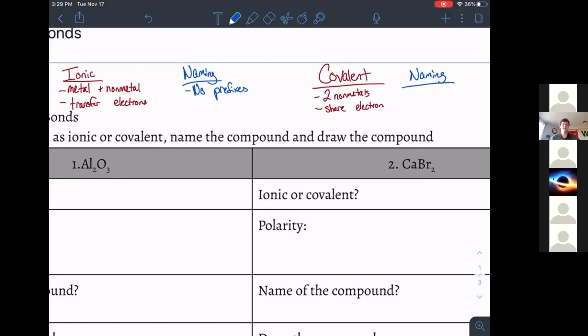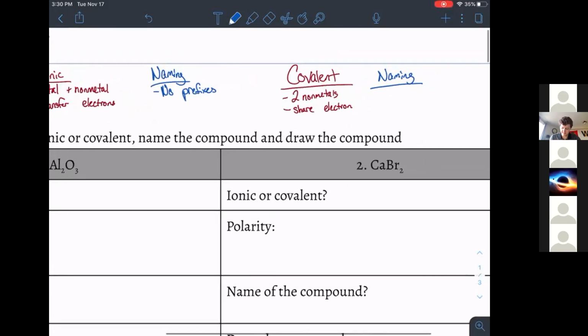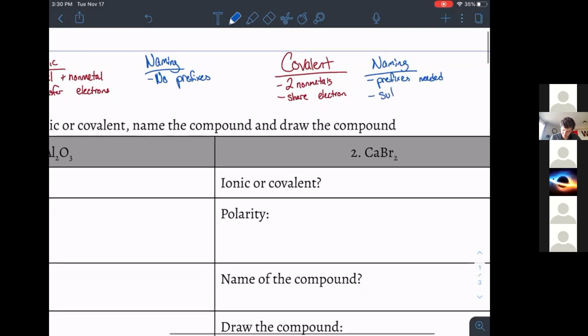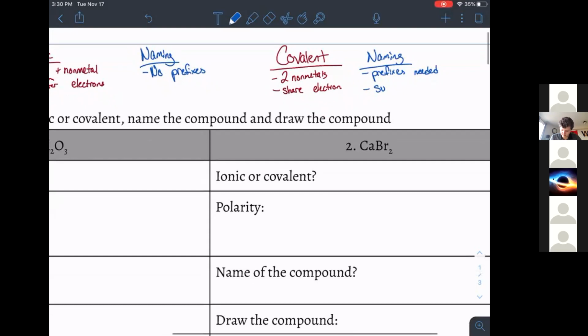I should have given you a hint for what you have to do in covalent bonds. Prefixes and suffixes for covalent. All right. And what's the suffix going to be? Ide. All right.